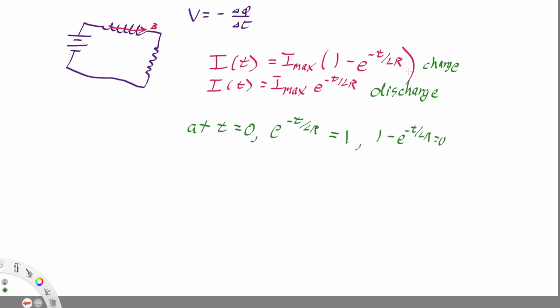And that's the behavior we want, right? Or the behavior that we physically observe. So at time 0, there is no current through the inductor.